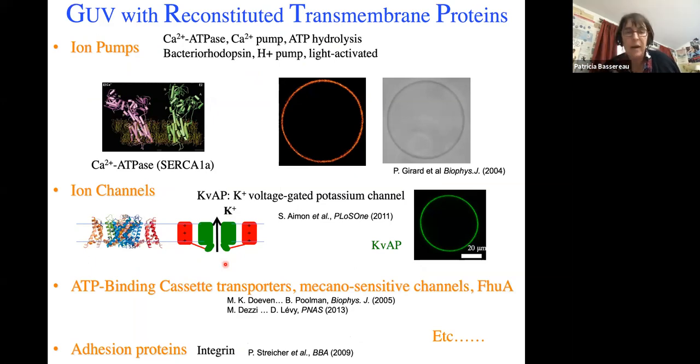But there are also more complex structures which are able to transport drugs, some channels which are mechanosensitive, some channels which are involved in the transport of DNA of phages into bacteria. So many complex structures, and even adhesion proteins as well, have been reconstituted. So I think that at least this is something which is feasible. It's hard work, but it's feasible.